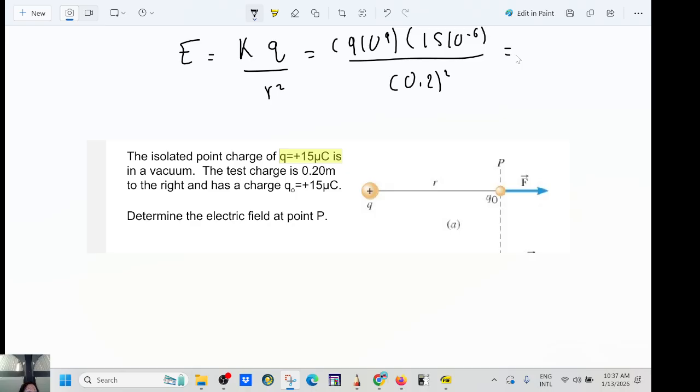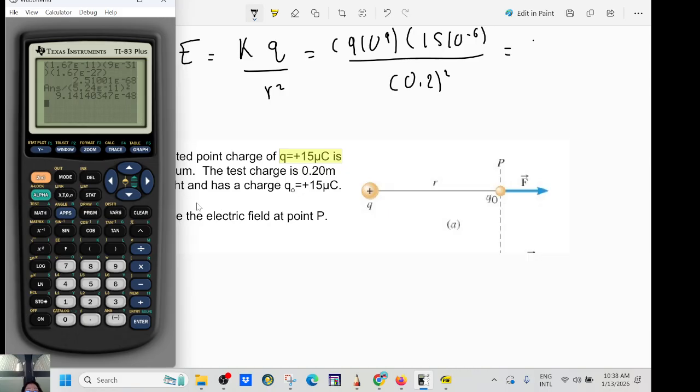With your TI calculator, you do that in one shot. How do you get... 50.62? You sure? Let's see.